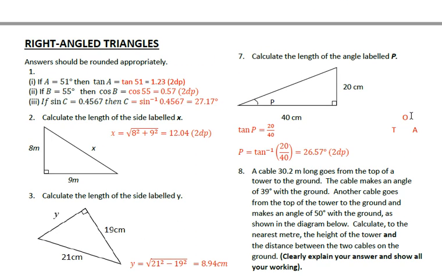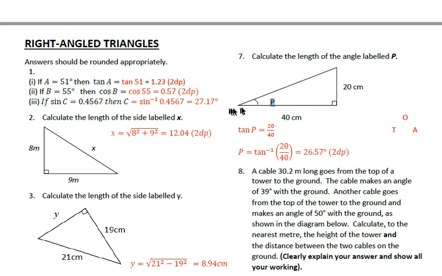Next bit over here, we will go to number 7, and we've got to label everything first. We've got our opposite, which is 20 centimeters opposite our angle. Now, this is a little bit different, this angle. Why don't you use Pythagoras? We haven't been given an angle.